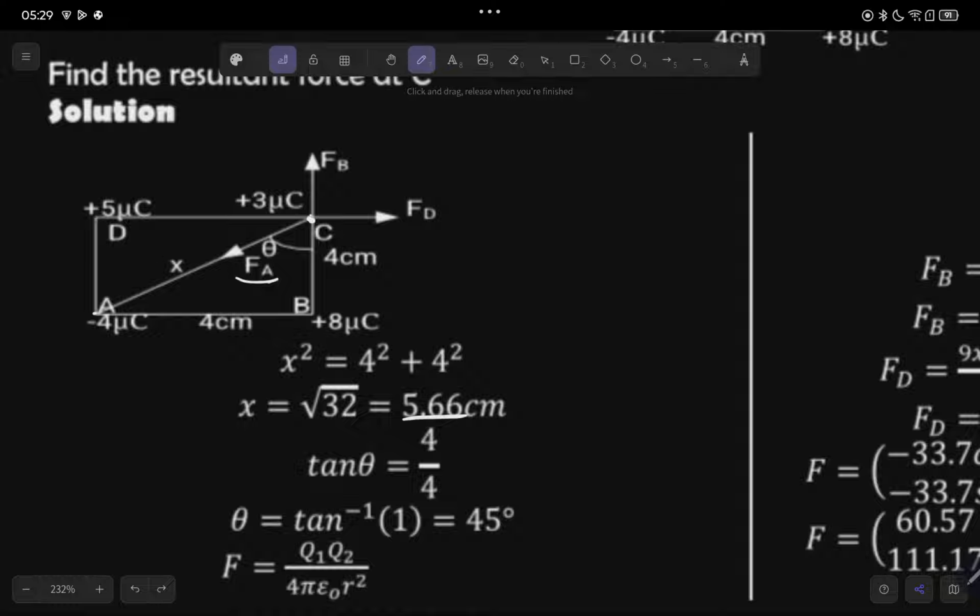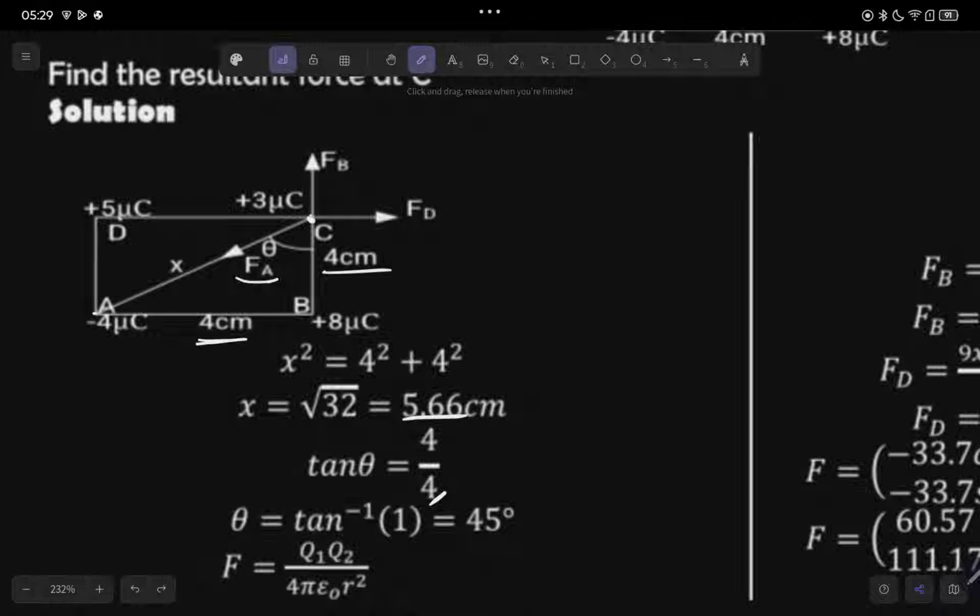We have to resolve those forces into their vertical and horizontal components, and then we find the vector resultant. In view that we shall need the angle theta, we find it earlier here. Tan theta, this theta is the angle there, is opposite over adjacent, and it gives us 45 degrees.